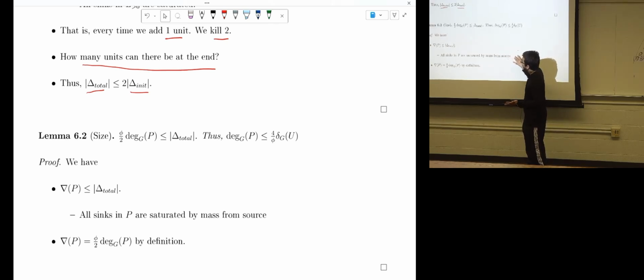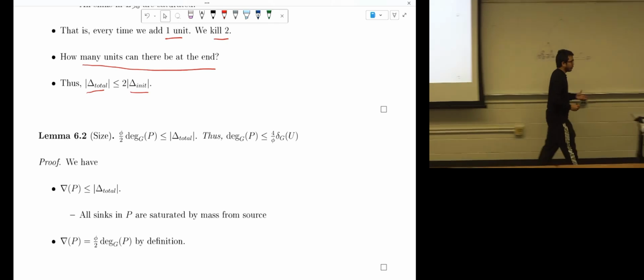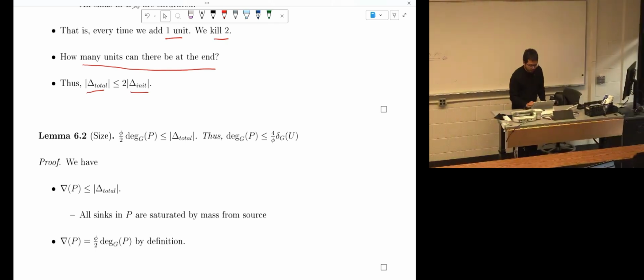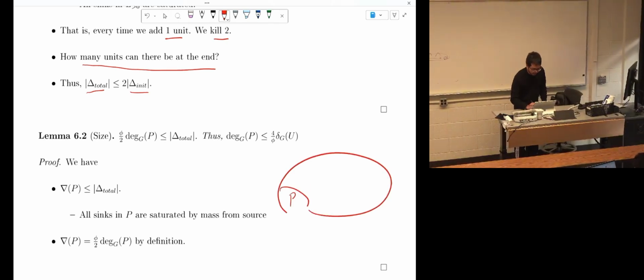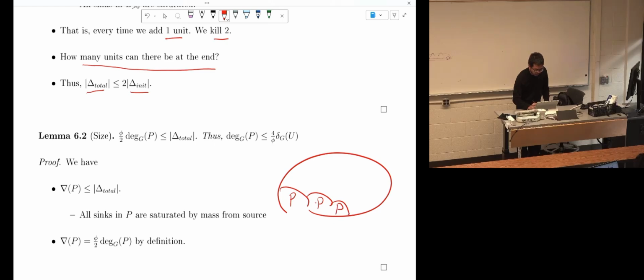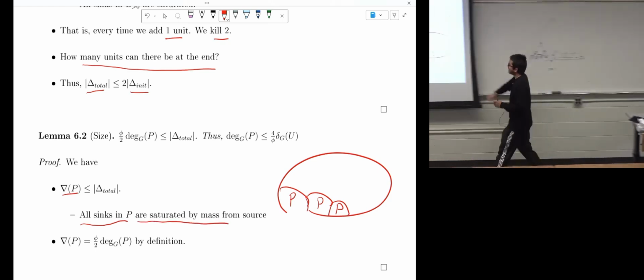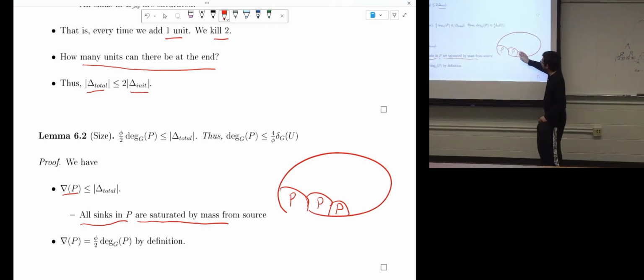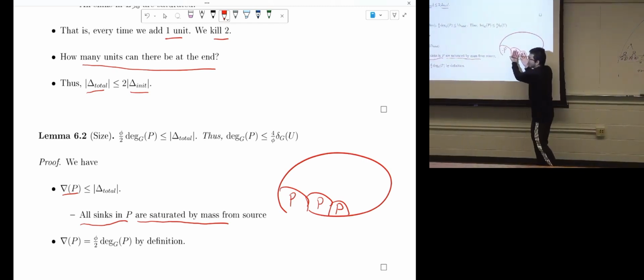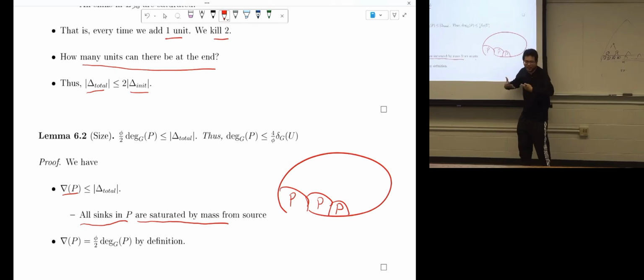And why is that? Well, because P is the part that you prune. Every part that you prune here, the sink at P is saturated by the mass from the source. Everything here that you prune out, the sink capacity of it is from some mass.